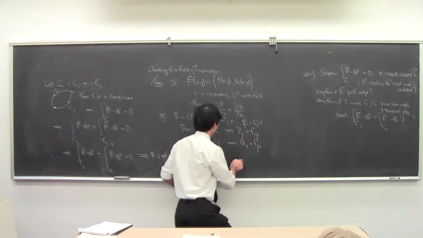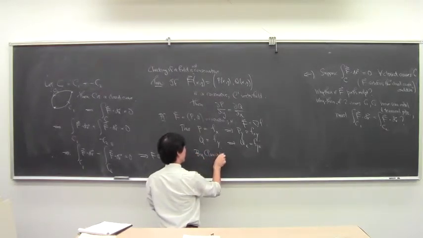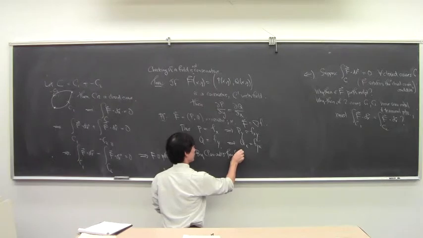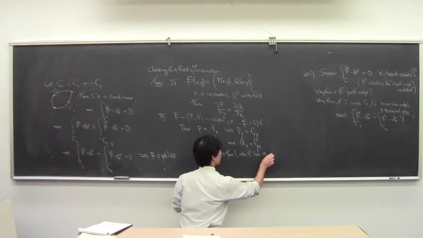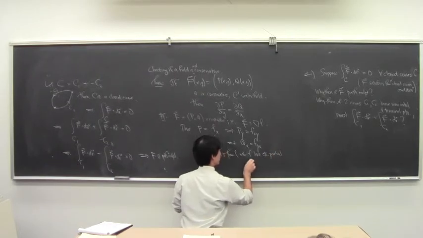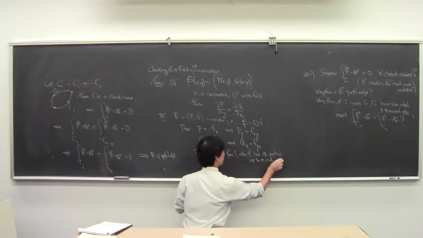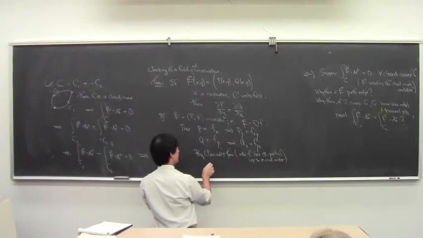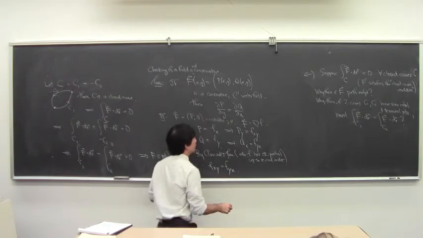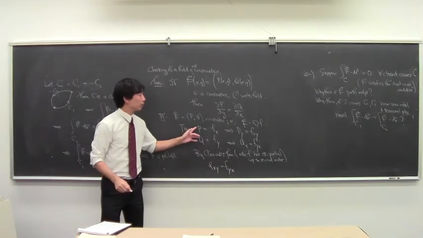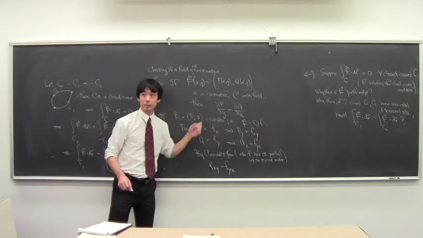So by Clairaut's theorem, we know that the mixed partials are equal. And so the partial of P with respect to y ends up being the partial of Q with respect to x.